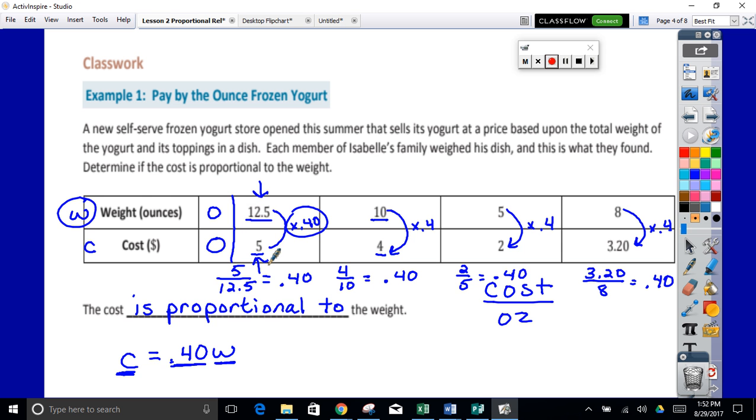And that's true for every single place in the table. If we multiply 10 times 0.4, we get 4. We multiply 5 times 0.4, we get 2. So if there exists a number that we can multiply every number in the first row by and get the number in the second row, then we have a proportional relationship.